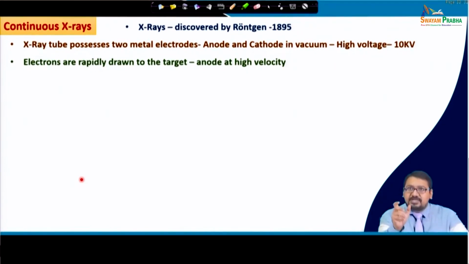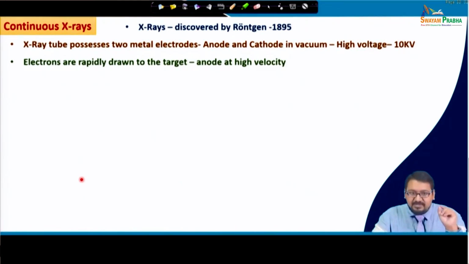So electrons generated at the cathode travel towards the positive anode because of the charge difference created by the voltage, right. So the electron moves towards the anode at a very high velocity.